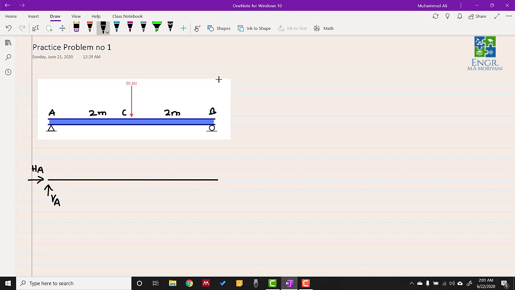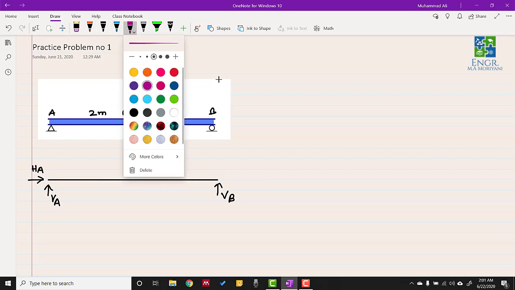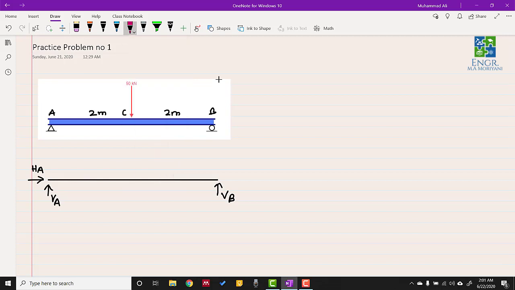These two reaction loads will be at the place of the hinge support, while at point B, because we have a roller support, we will have one vertical force, which we will name VB.